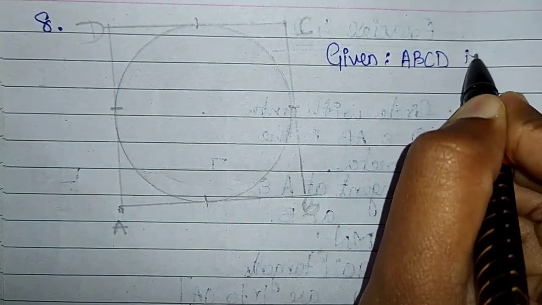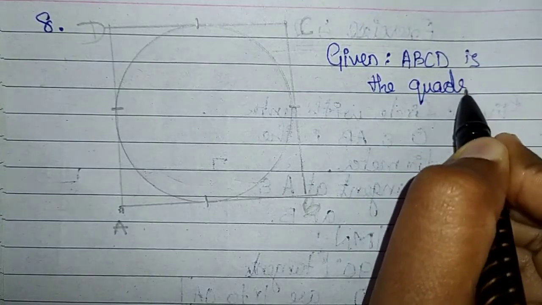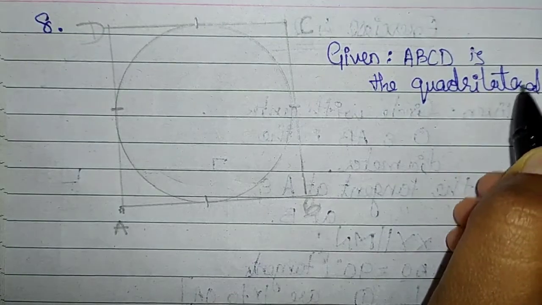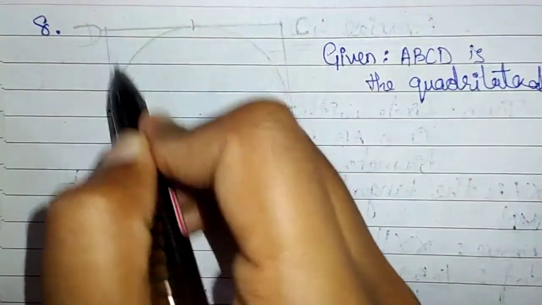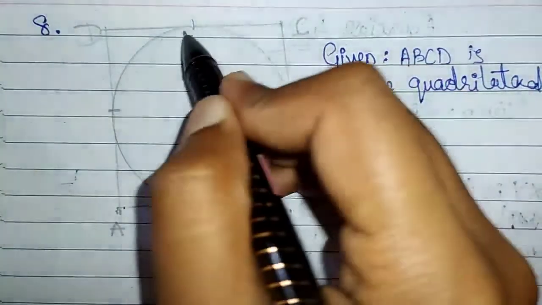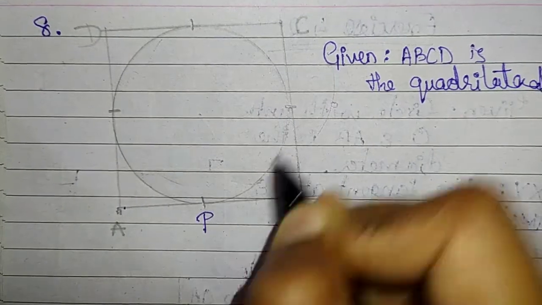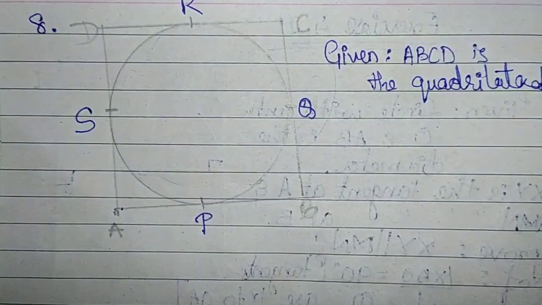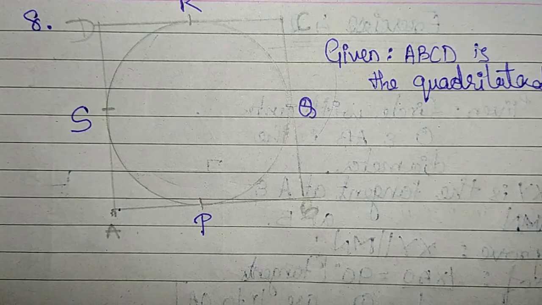ABCD is the quadrilateral. Here you can see that A, B, C and D are external points to the given circle, and the points P, Q, R, S where the sides of the quadrilateral meet the circle are nothing but points of contact of the tangents, right?